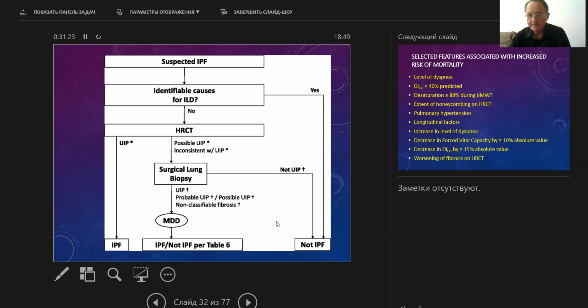If we obtain the pattern of usual interstitial pneumonia, we make the diagnosis of idiopathic pulmonary fibrosis. If not, we recommend the patient surgical biopsy. If we do not meet the histopathological criteria of IPF, we exclude IPF as a diagnosis.